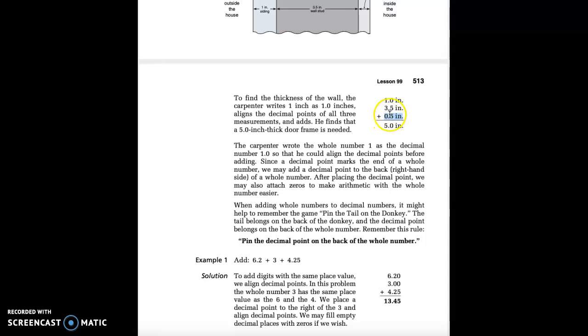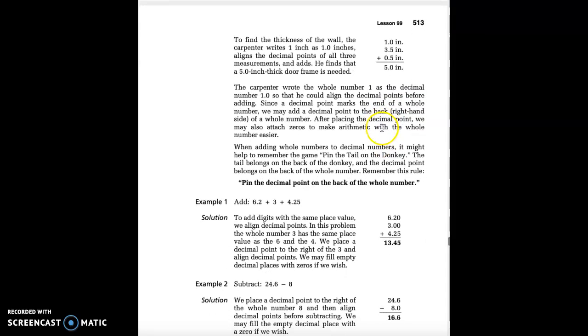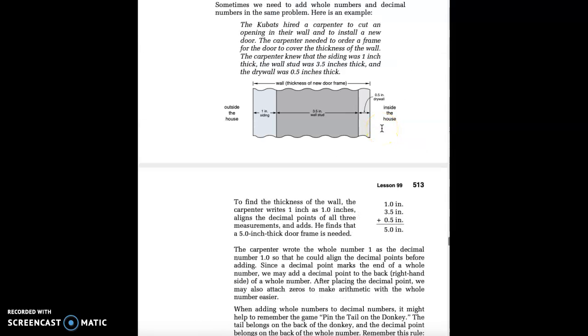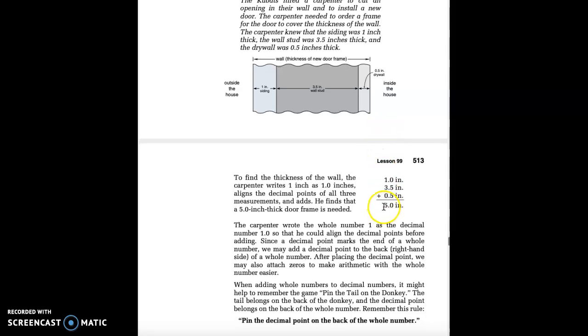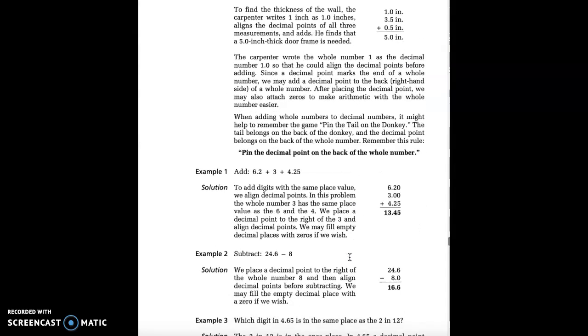This number right here is 0 wholes and 5/10. Then we just go ahead and add it up just like we normally would. So he needed to order 5 inches of frame for the door to cover the thickness of the wall. So let's go to the next example.